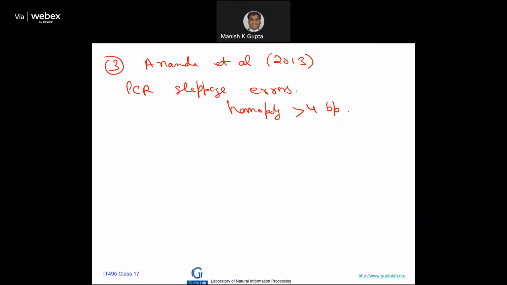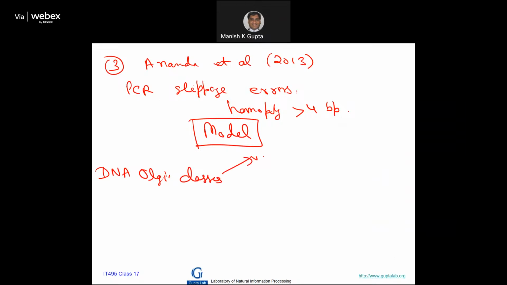Because of these observations in the model, what we are going to do is divide oligos into two classes, valid and invalid. What do you mean by valid?